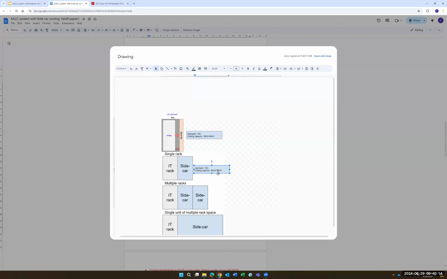Here's another technology I can use and still not connect to the facility water. I'm still effectively an air-cooled system. And now with a single cabinet width, I can bump my cooling capacity from 45 kilowatts up to 50 to 60 kilowatts.